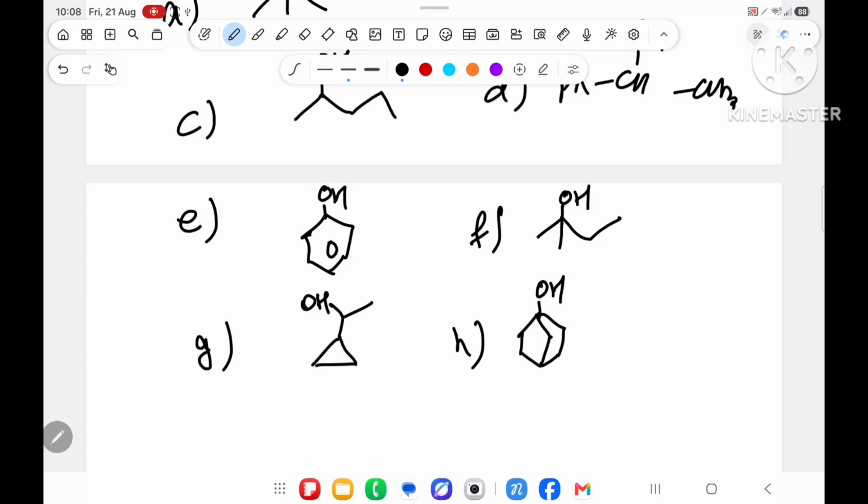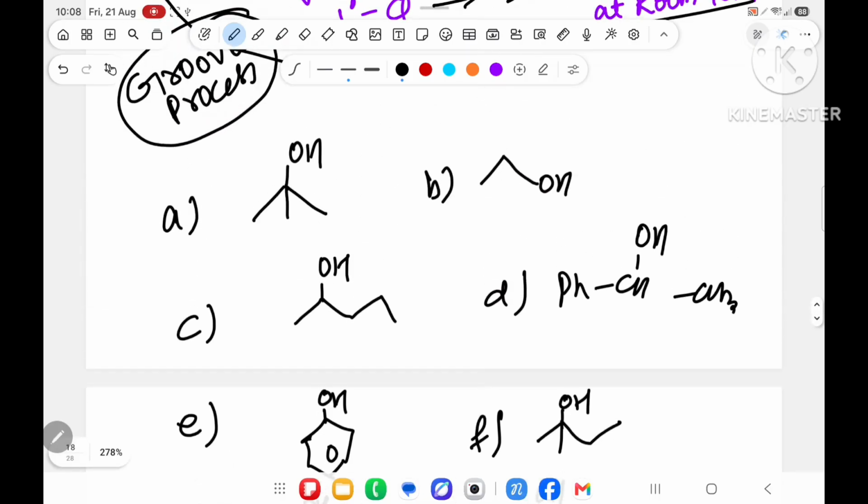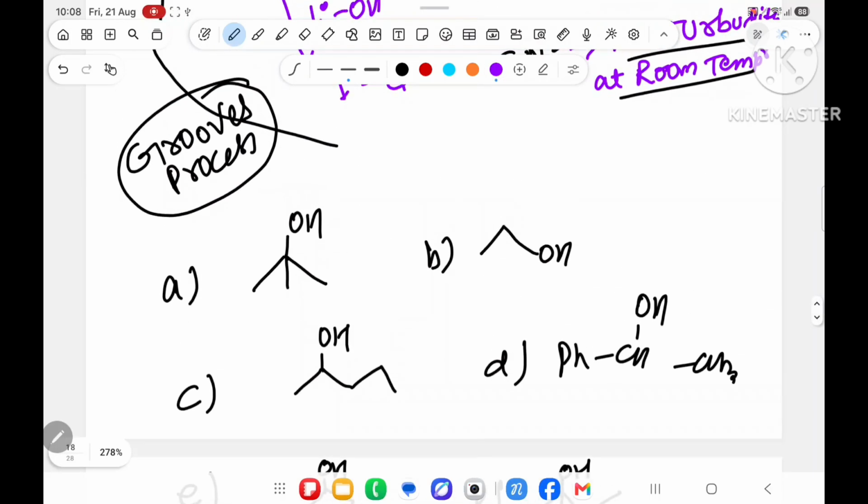Now they are asking which of the following will react with alcohol and give turbidity easily.